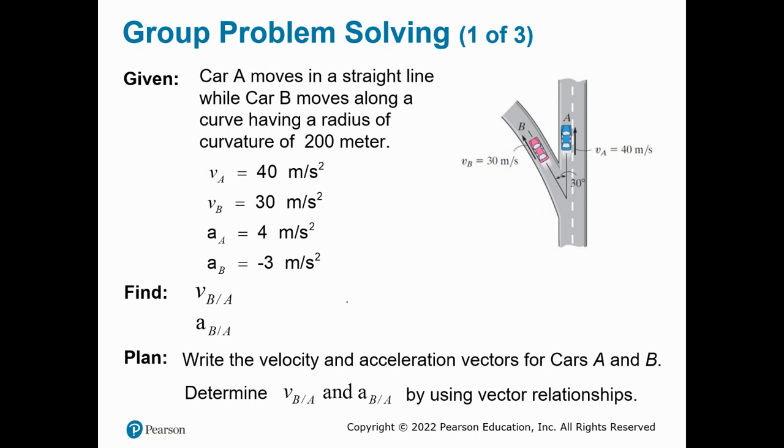We're looking for the relative velocity of B with respect to A, and also the relative acceleration of B with respect to A. So overall, we're looking for two relative motions: relative velocity of B with respect to A, and relative acceleration of B with respect to A.